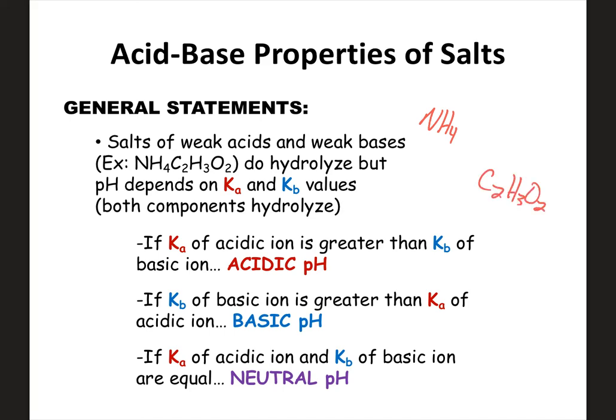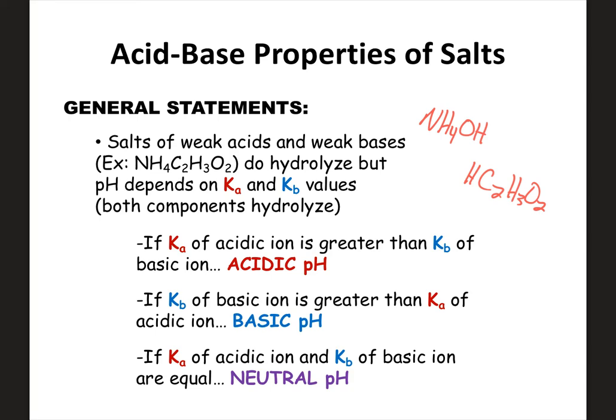The minus part goes with the H+, so you have HC2H3O2. NH4+ is plus, so it joins up with the OH-. So this salt came from a weak base and a weak acid. These parts will hydrolyze, but I need to analyze Ka and Kb values for both.